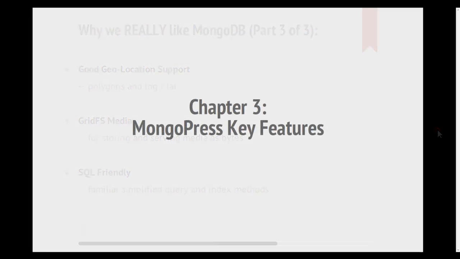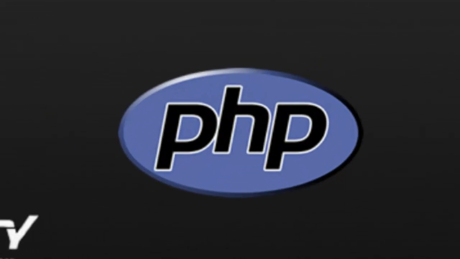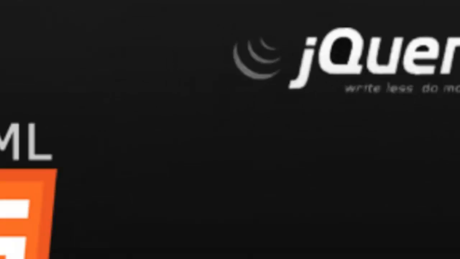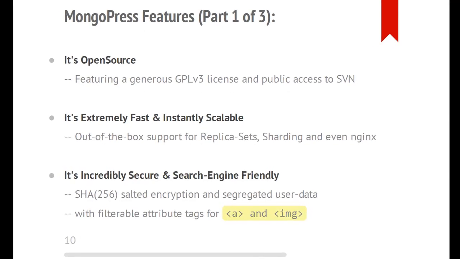Chapter 3. The key features of MongoPress. It's built upon stable, tried and tested technologies such as PHP, jQuery, HTML, and CSS. It's open source, featuring a generous GPL v3 license and public access to our SVN repositories.